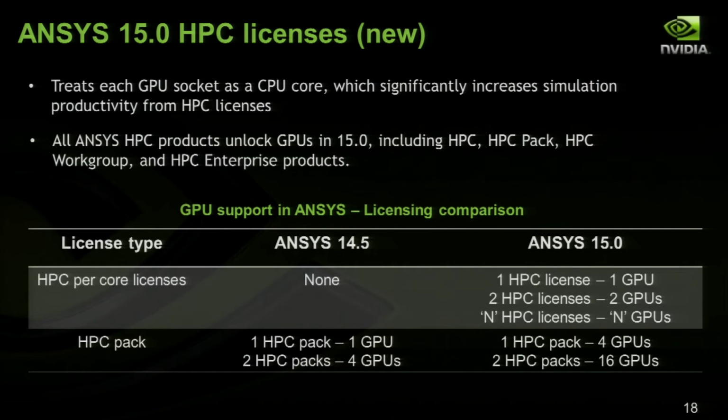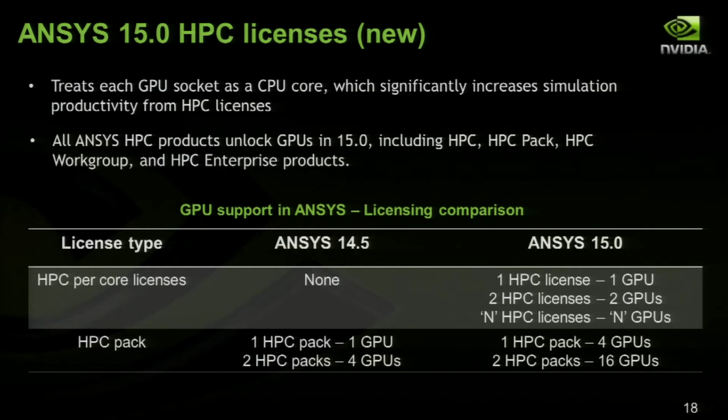In addition to that change, now any ANSYS HPC product can unlock GPUs. Before 15, it only used to be something called HPC packs. But now you can use GPUs with HPC core licenses, HPC packs, and HPC Enterprise. So any HPC pack should unlock GPUs. The way it works in 15 is each HPC per-core license unlocks one GPU.